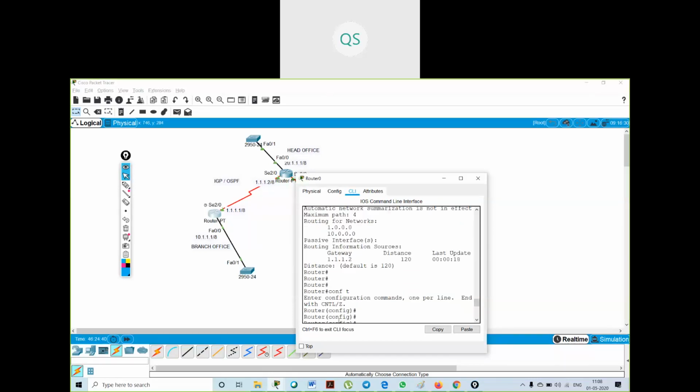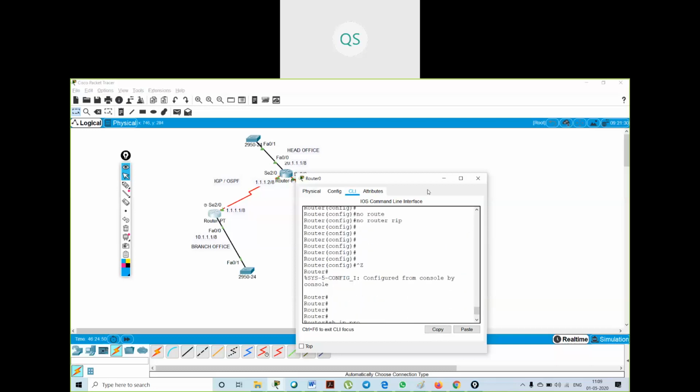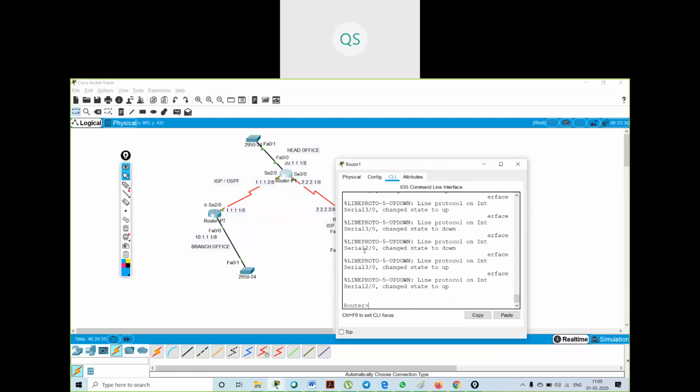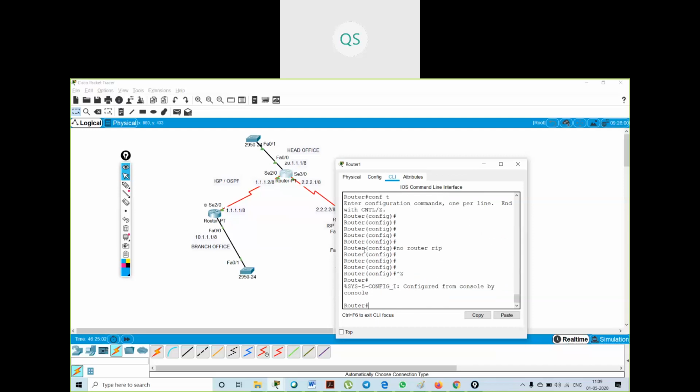All the configurations I have done in RIP, including redistribution, will be removed. I'll go on the other router also and remove the RIP from there. No router RIP. Okay, no protocols are there.